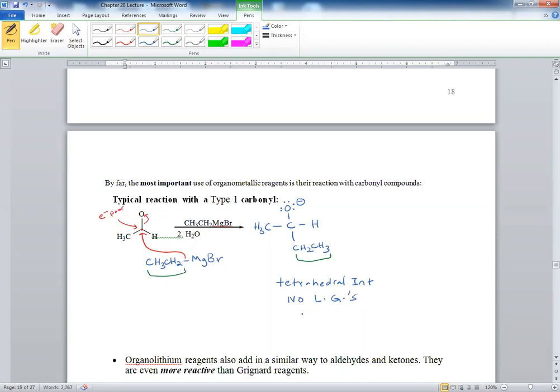So the reaction stops here, after, of course, protonation. You simply add water. That's what step 2 is about. And we end up with an alcohol.